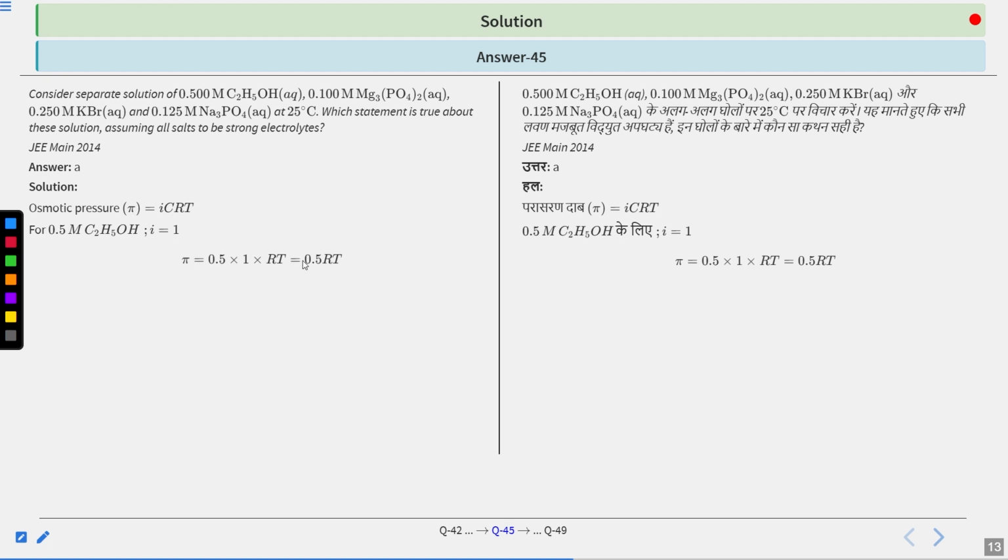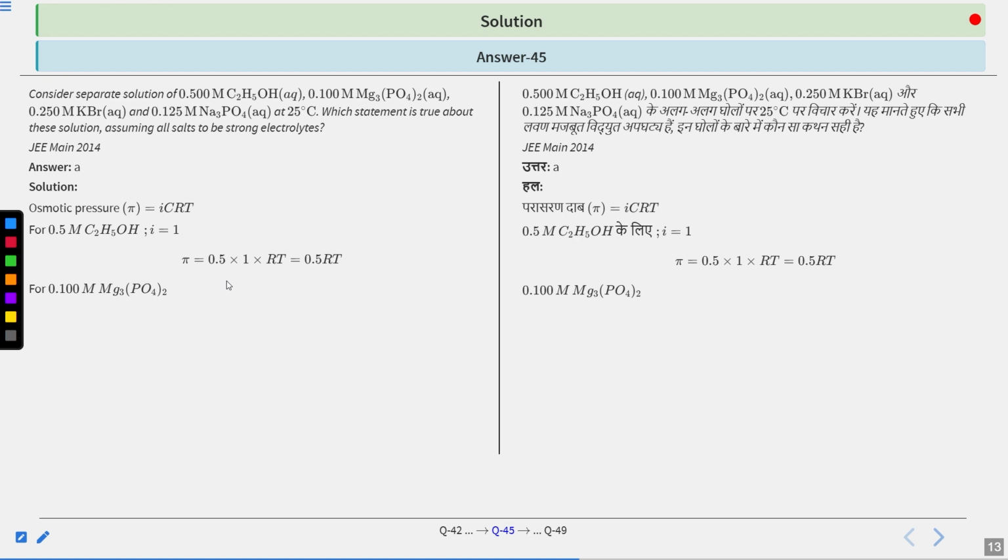So the pi formula will be 0.5 into 1 into RT, which is 0.5 RT. Now it is given in the question that all salts are strong electrolytes, but this is not a salt, right? So this statement is only for salts. Clear? So you should not get confused with this.